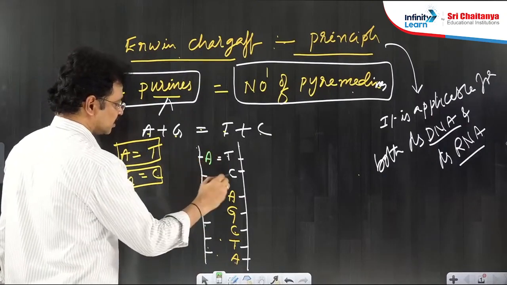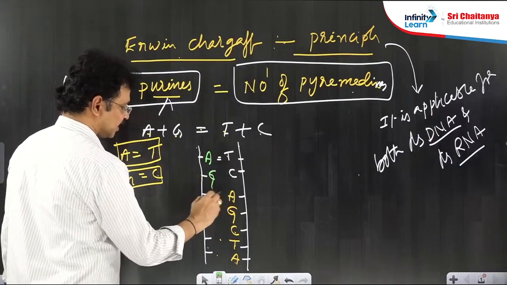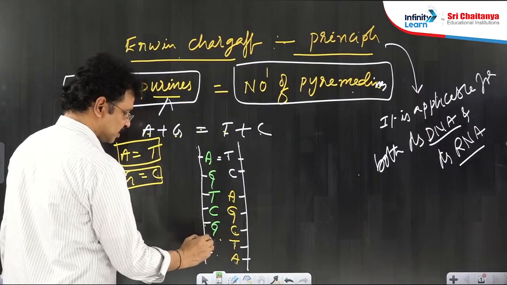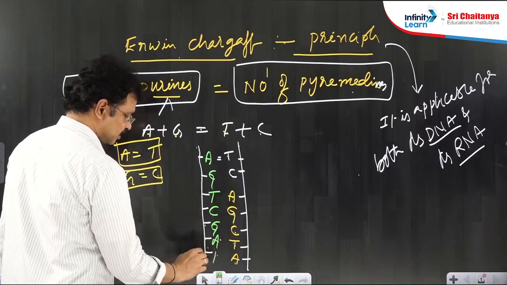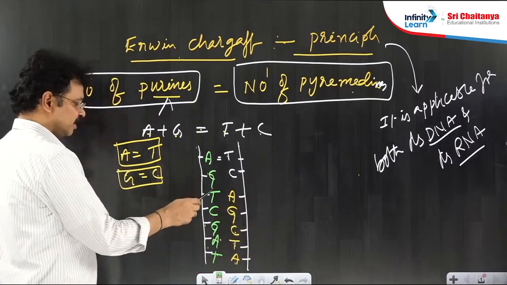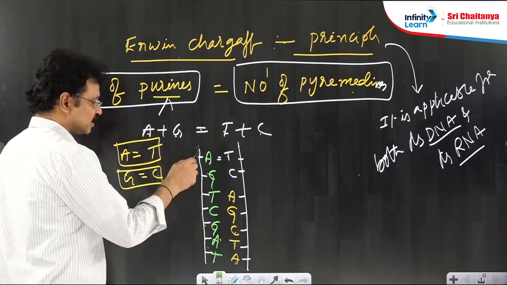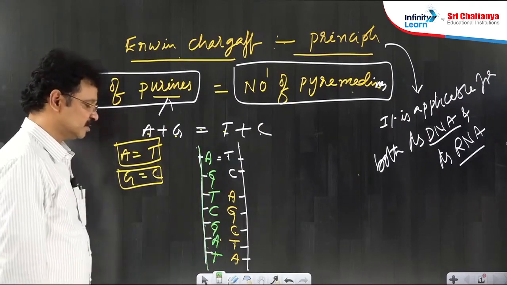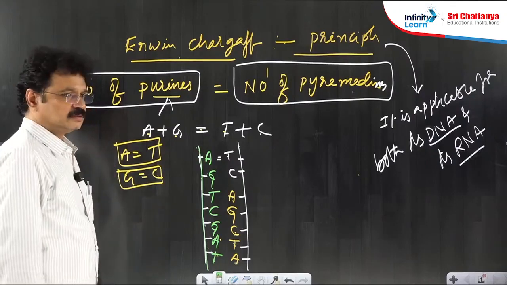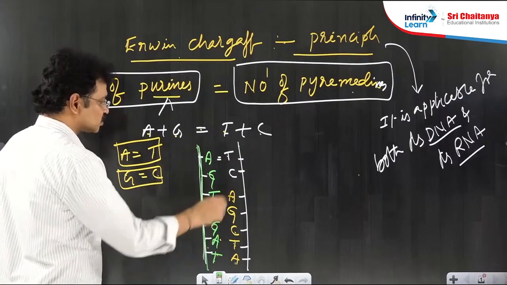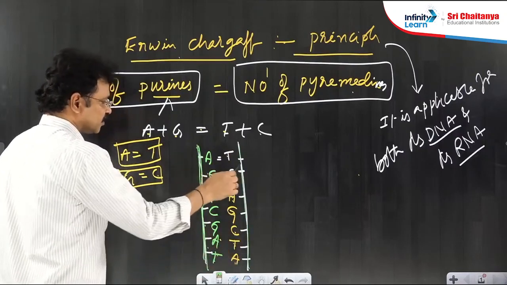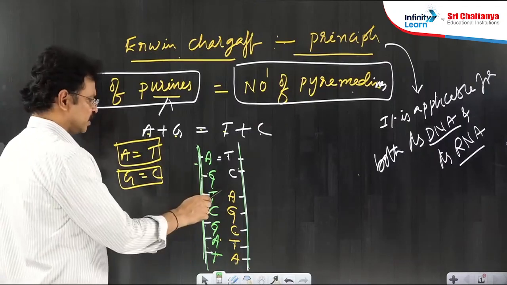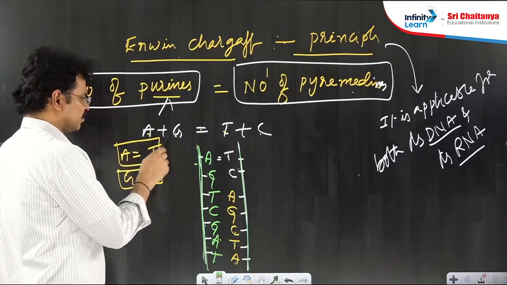For T, A; for C, G; for A, T; for G, C; for C, G; for T, A; for A, T. So A, G, T, C, G, A, T is the sequence of nucleotides in the other strand. Okay, good. What is the relation between these two strands? Complementary strands. Both the strands are complementary. AT complementary, GC complementary.